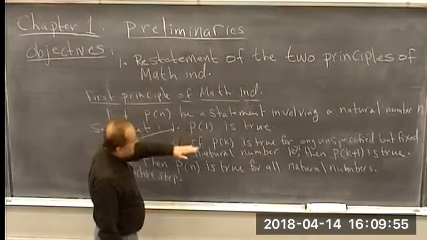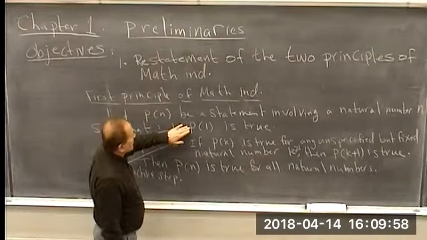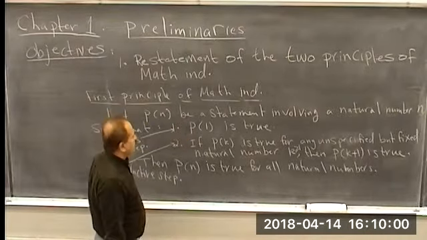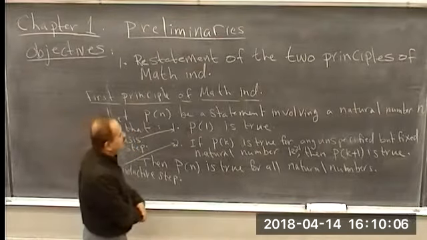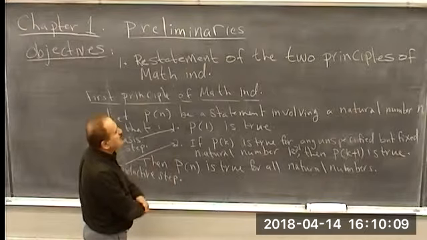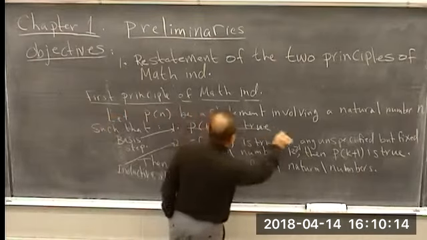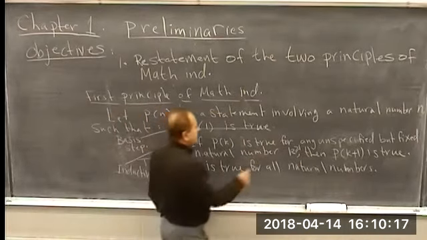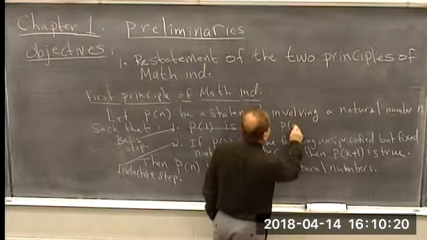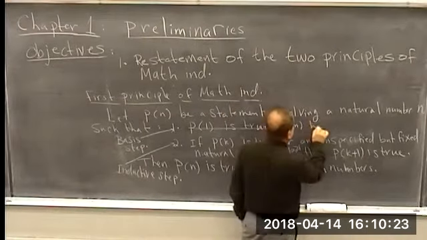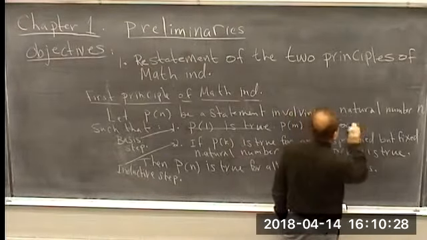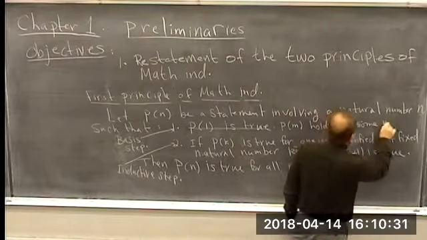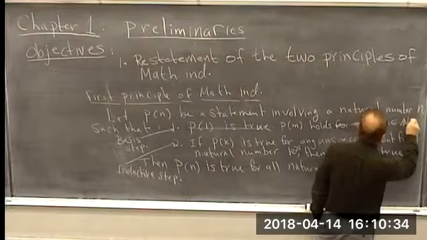One other variation we could have on this base step: sometimes a certain statement does not hold from 1 up for the natural numbers. It might not hold for the first few natural numbers, but it holds for values from some point up. So we could replace this, and instead of saying P of 1, we might say that P of m holds for some natural number m.